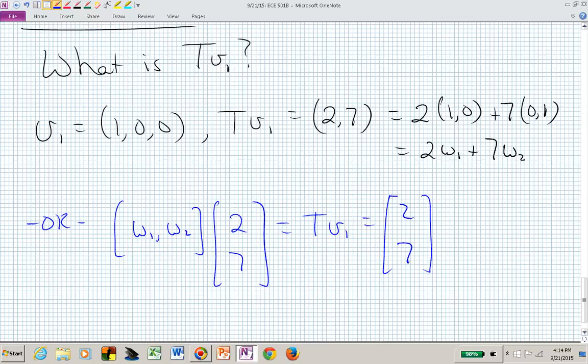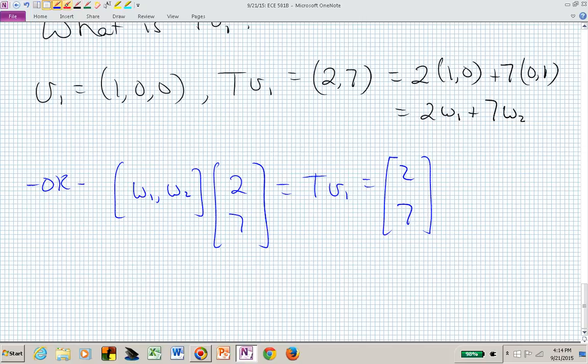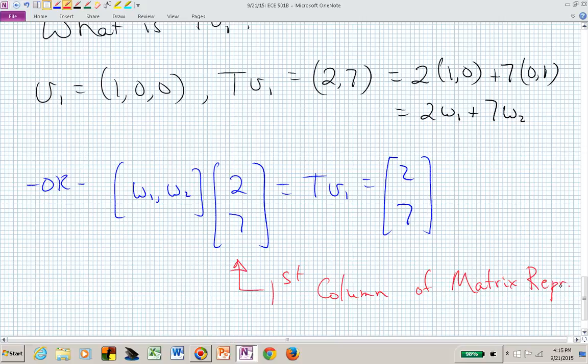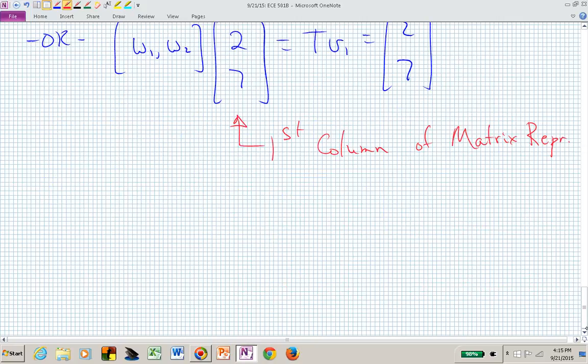Again, it's a two-dimensional space, and in fact, this 2, 7 column will be the first column by definition of how we did the matrix representation. The 2 is what's weighting W1, and the 7 is what's weighting W2. And we can continue with this process to build the next two columns.